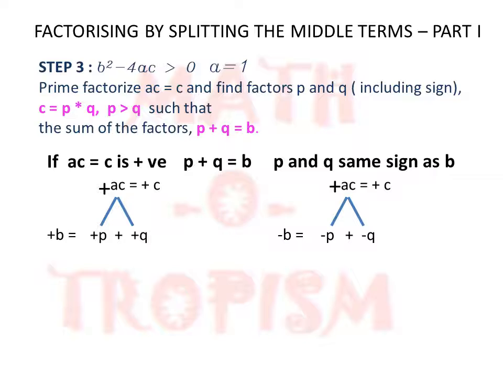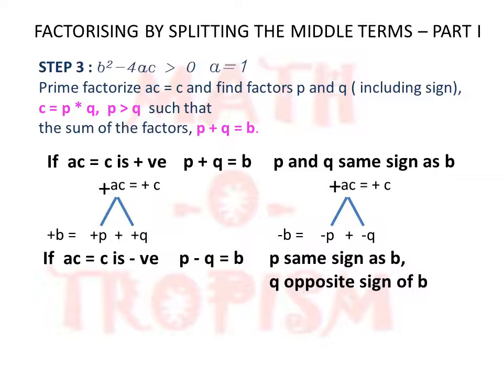If ac, which means c, is negative, then we need to split c into two factors p and q such that they are subtracted to get b. So if c is negative, p minus q will give me b, and we know if we are subtracting, it means both the numbers are of opposite signs. So put the sign of b for p and q will have the opposite sign.